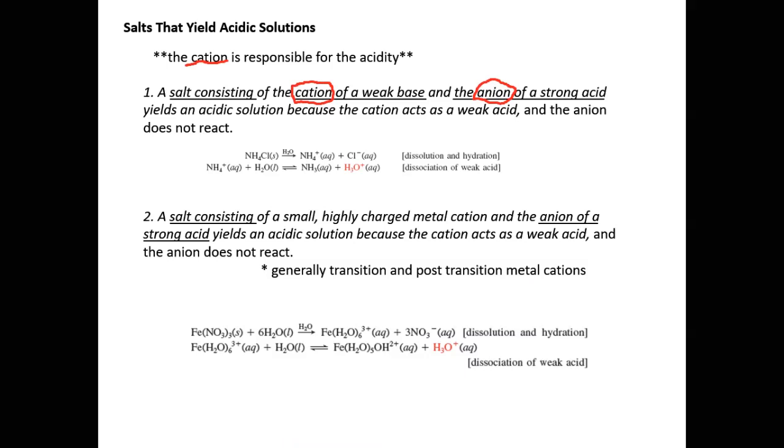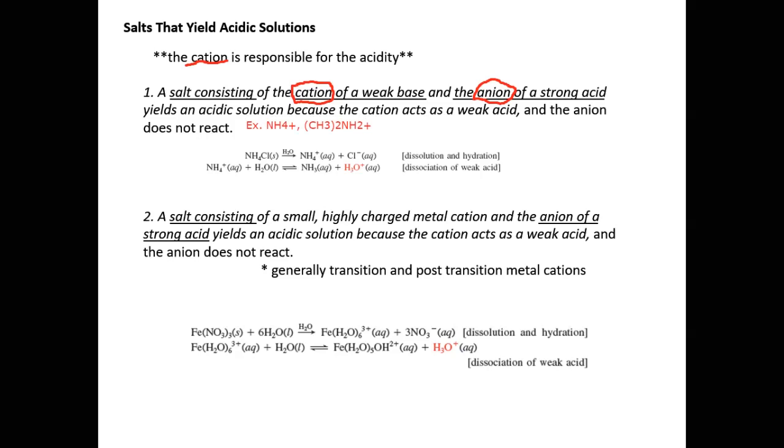So what's a cation of a weak base? For example, ammonium ion is a cation of a weak base. Also, for example, dimethylammonium, (CH3)2NH2+, the cation of dimethylamine, is a cation of a weak base.